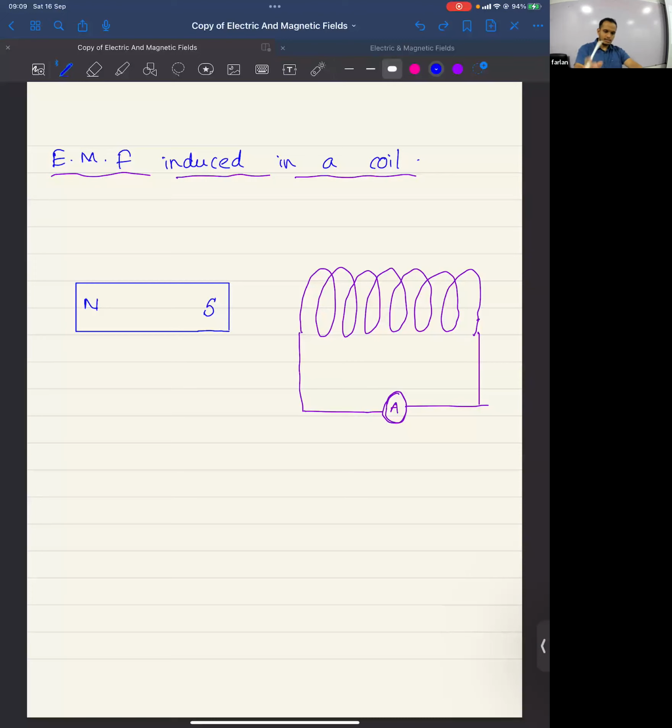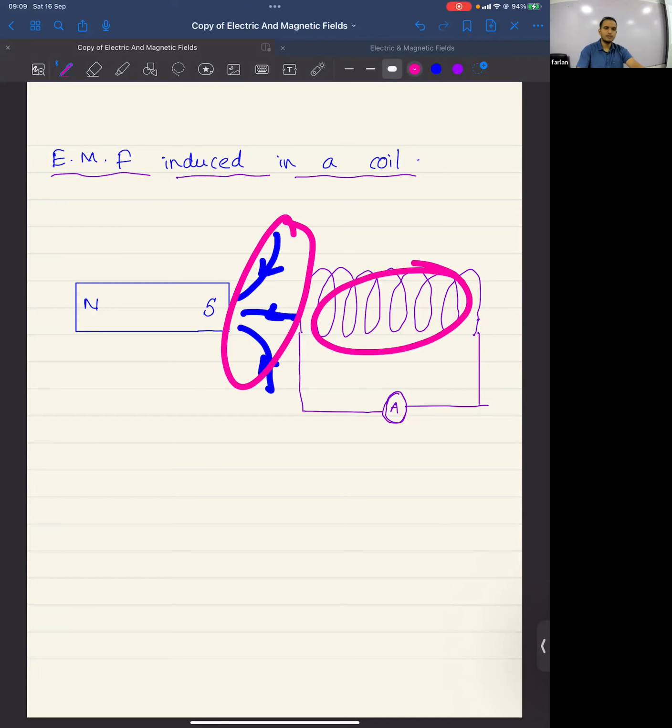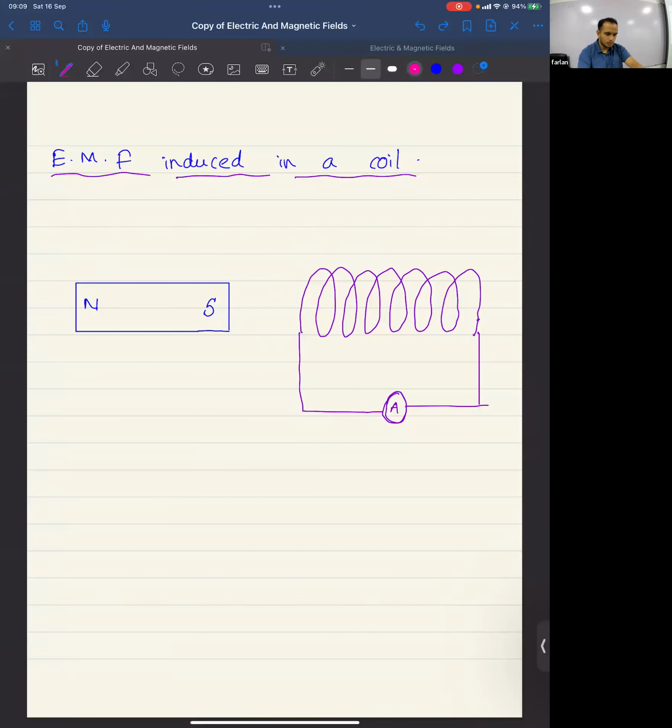The reason why there is an EMF induced is that there are magnetic field lines. When you move this magnet or when you move the coil, these magnetic field lines get cut by the coil, so there will be an EMF induced. So Faraday's law explains that the EMF induced is proportional to the rate at which the magnetic field lines are cut.